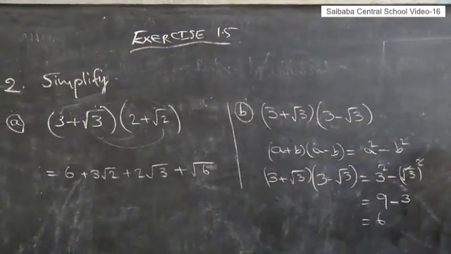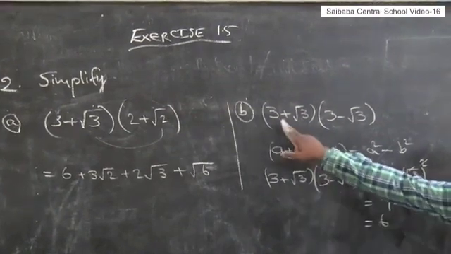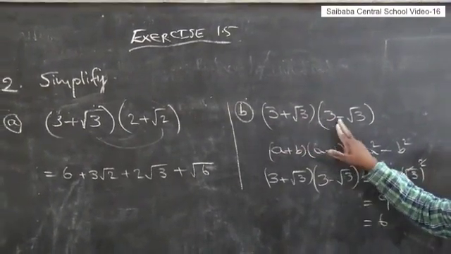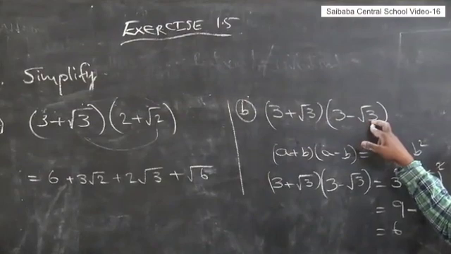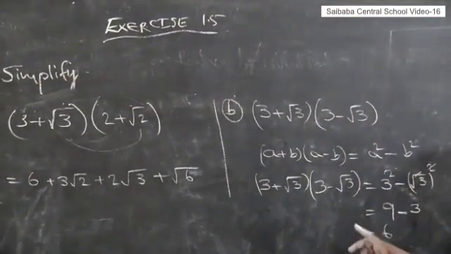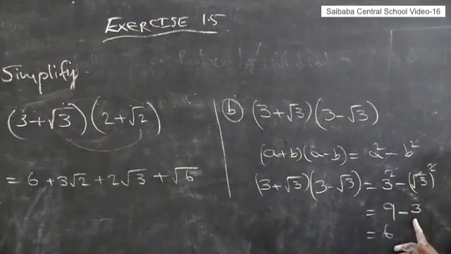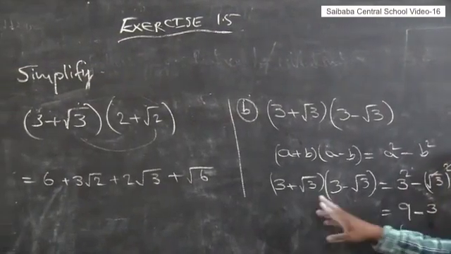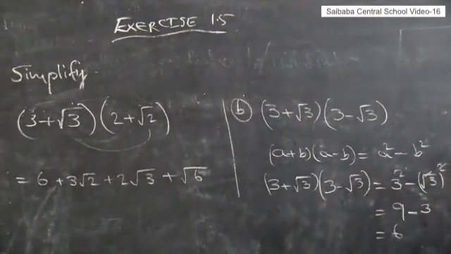Or else I gave the direct formula: A plus root B into A minus root B is equal to A square minus B. That is the second formula. We can do it like this also, if you want to use the formula directly, or else do it like this. Okay, this is the second one. Once again I checked it.